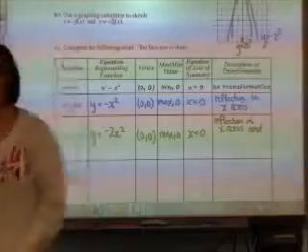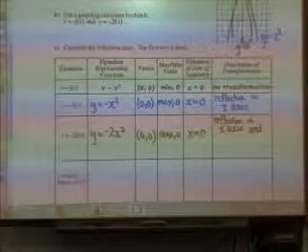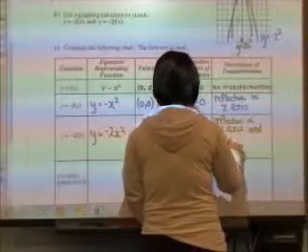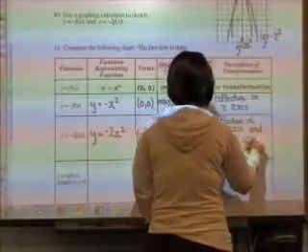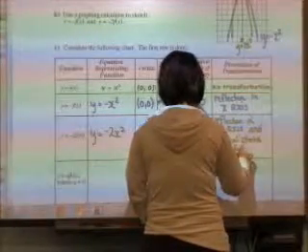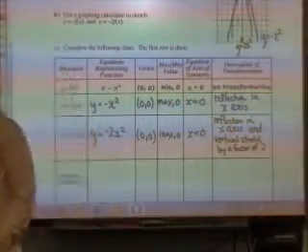And what did that 2 do to the graph? Yep. So vertical stretch by a factor of 2. Not a -2.